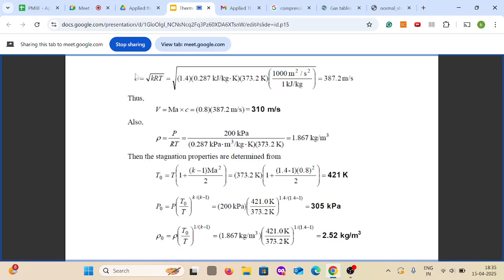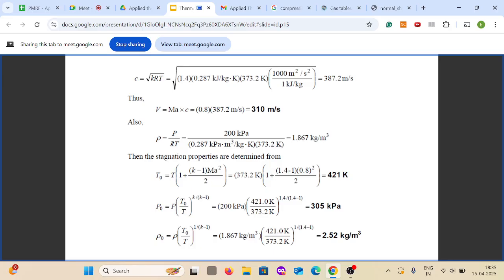So first we'll find out velocity. To find out velocity, we need to find out the speed of sound. So C is root of gamma RT. So gamma is 1.4, R is 0.287 for air, and T is 373.2, given is 100 degrees Celsius, so 373.2 into 1000 to convert R into joules.